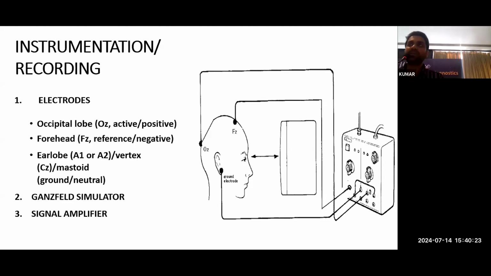Then the active electrode is placed on the occipital lobe, the reference electrode is placed on the forehead, and the ground electrode is placed on the earlobe. And there is a monitor or a Ganzfeld stimulator. The monitor provides the pattern stimulus, and if you are using a Ganzfeld stimulator, it provides the flash stimulus, which I'll be talking about later. The responses are then amplified by a signal amplifier, and your results are then produced.